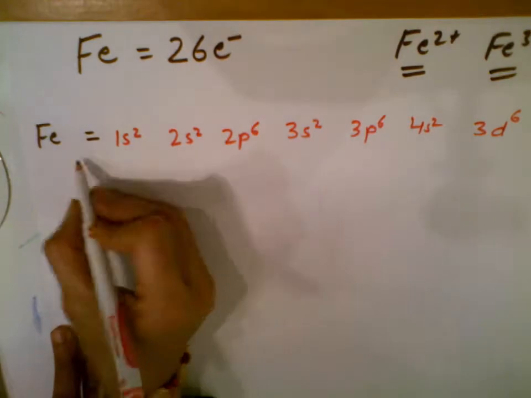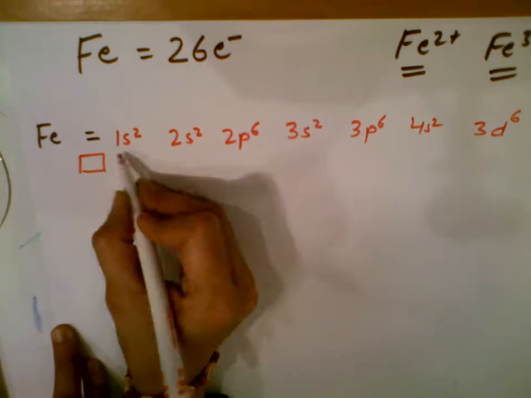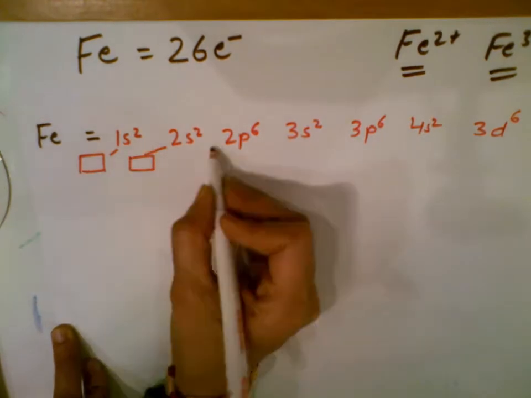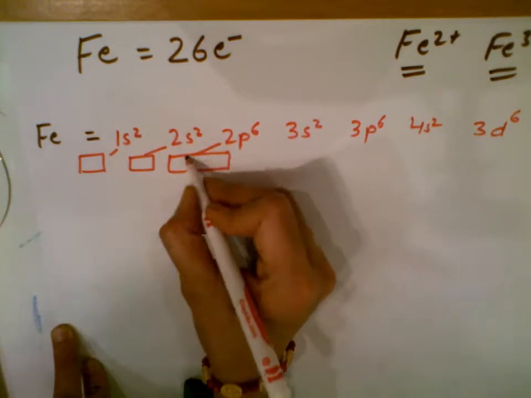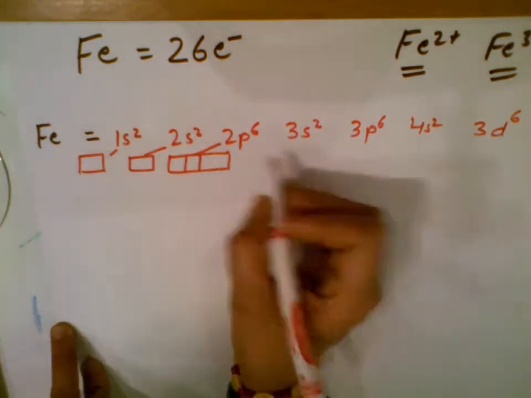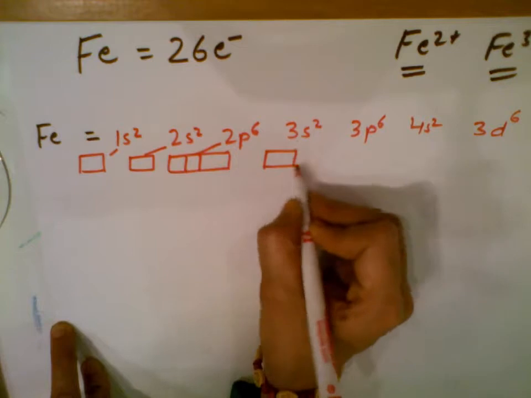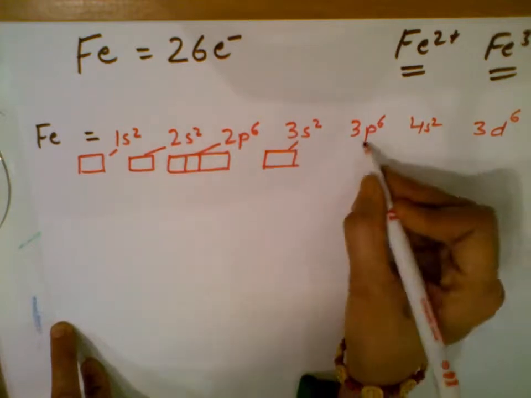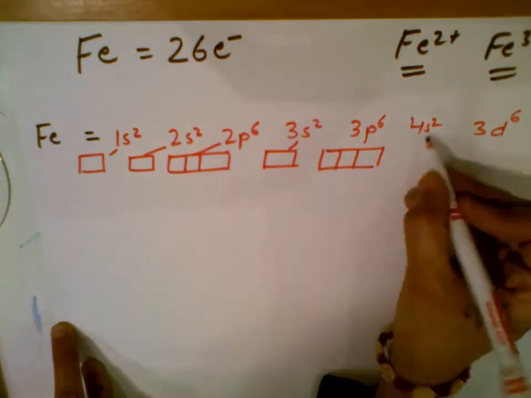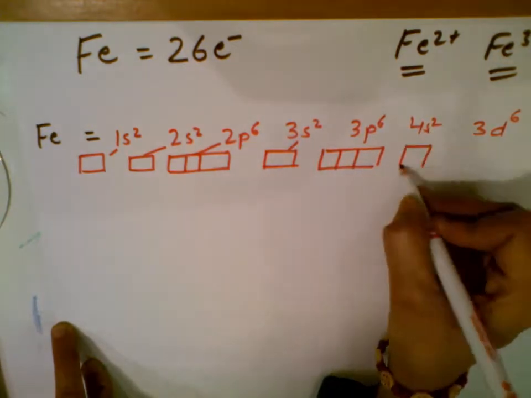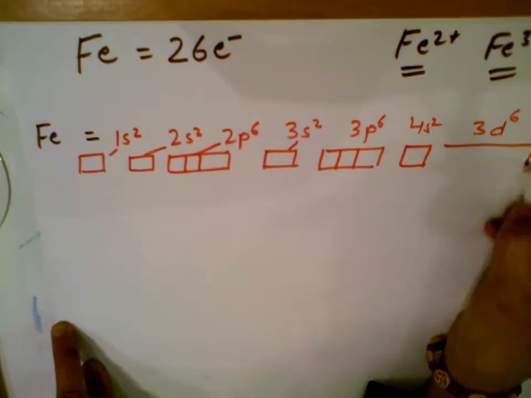When you draw the orbital diagram, this here is p orbital. So for the p, you make 3 orbitals. S, you make only 1 orbital. This is again p, so you are going to make 3 orbitals. And this S, you make 1 orbital. For D, you make 5 orbitals.